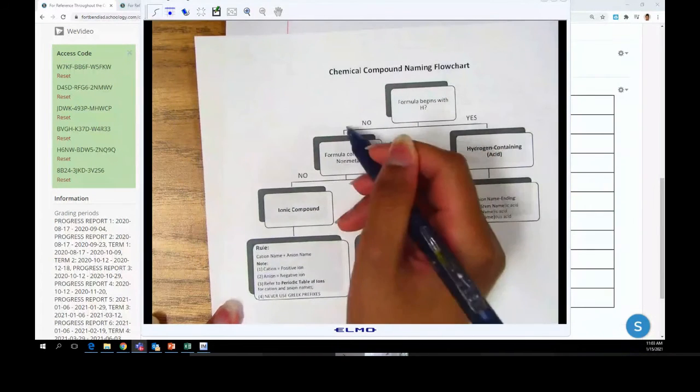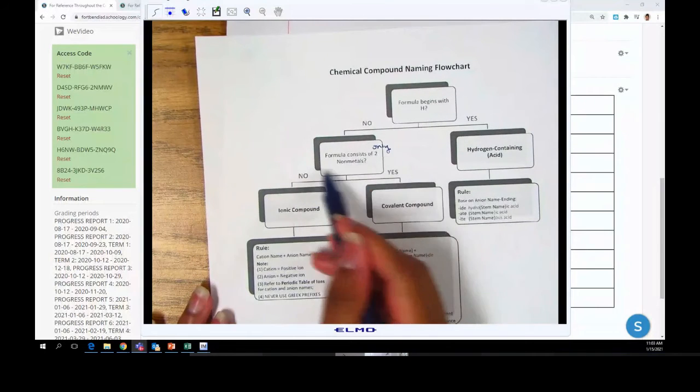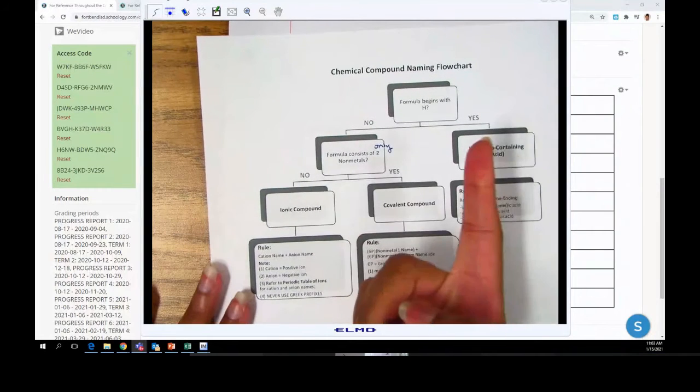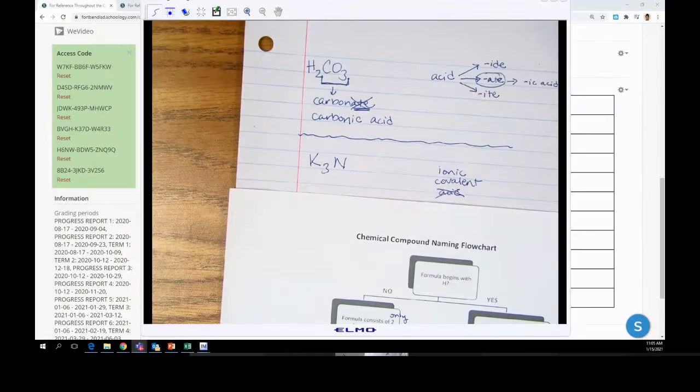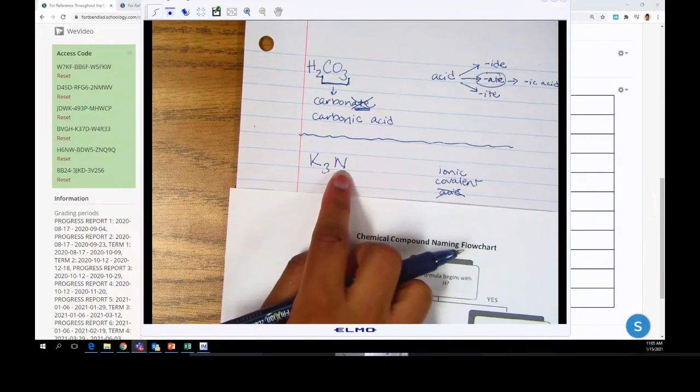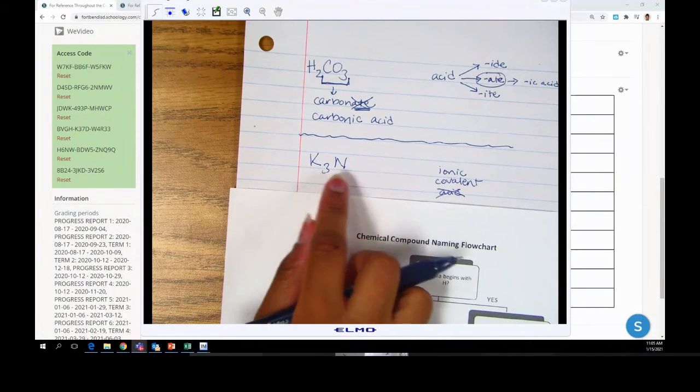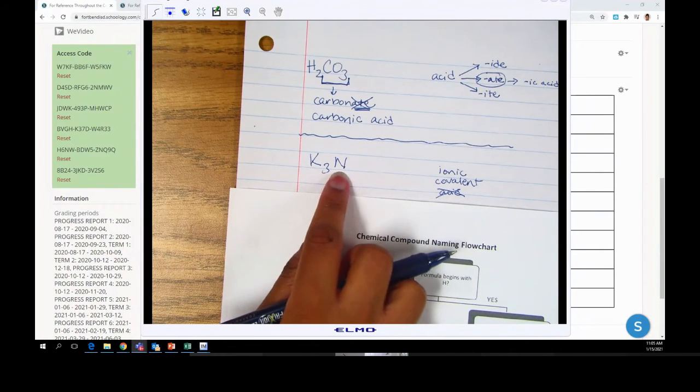The formula did not begin with an H. And the formula actually consists of one metal and one nonmetal. Potassium is a metal and nitrogen is a nonmetal.